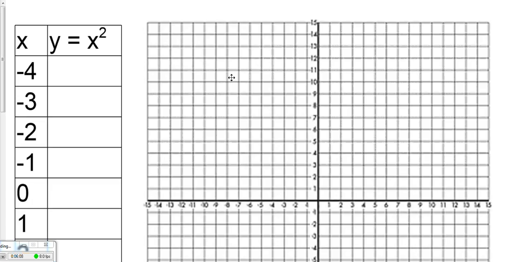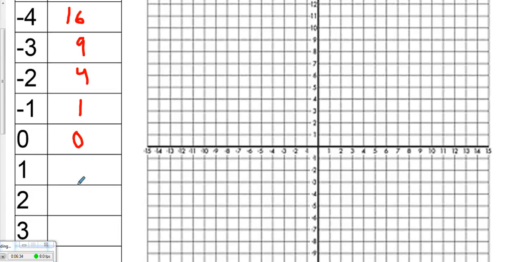So again, let's just see what that would look like if we were to plot it out. If we were to take our x values and plug them into this function, y equals x squared, if we had a -4 being squared, -4 times -4 is 16. -3 times -3 is 9. -2 times -2 is 4. -1 times -1 is 1.